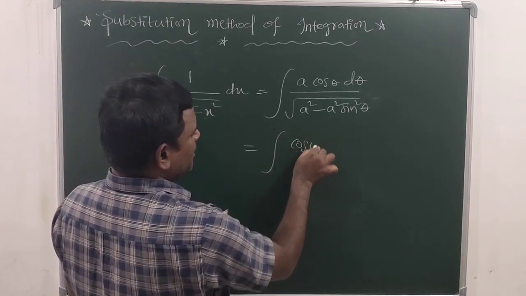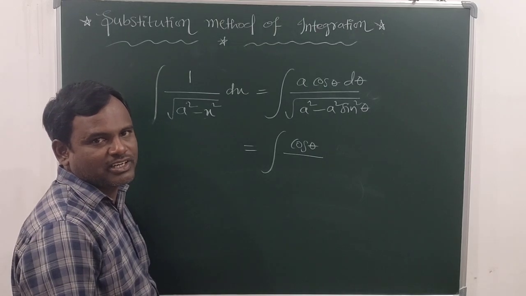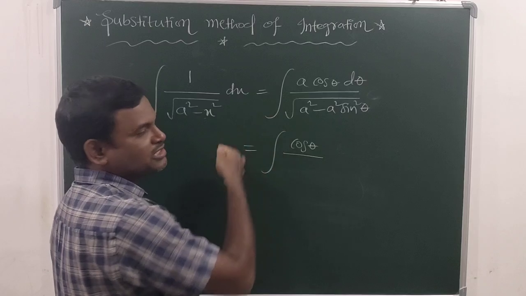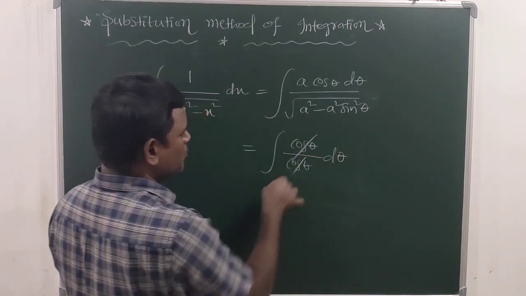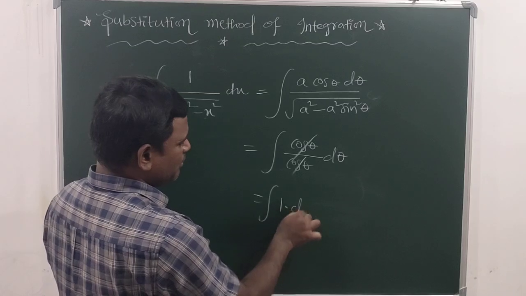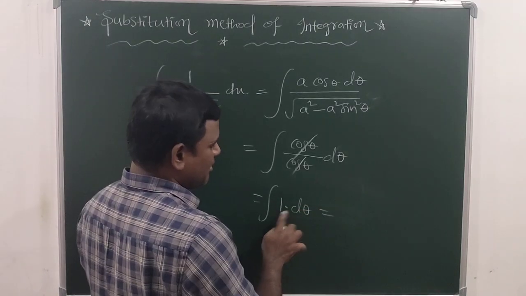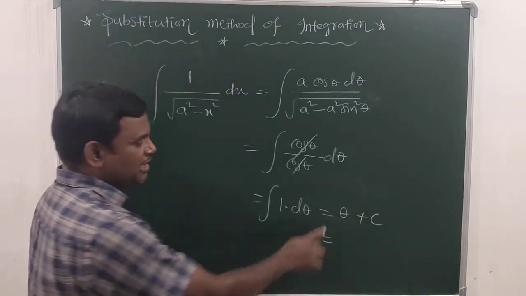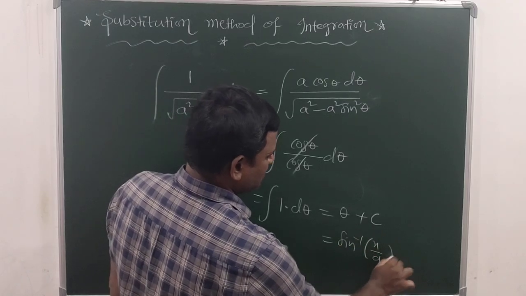In the numerator cos theta will be left, in the denominator square root of 1 minus sin square theta. In the place of 1 minus sin square theta write cos square theta, the square root cancels. Cos theta will be left over d theta, both of them cancel. 1 into d theta will be left. As you know, integral of 1 d theta is theta plus c. So theta is equal to sin inverse of x by a plus c.